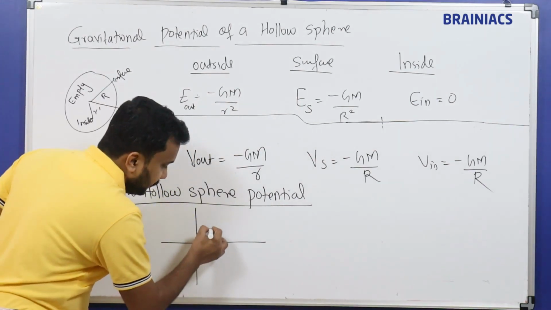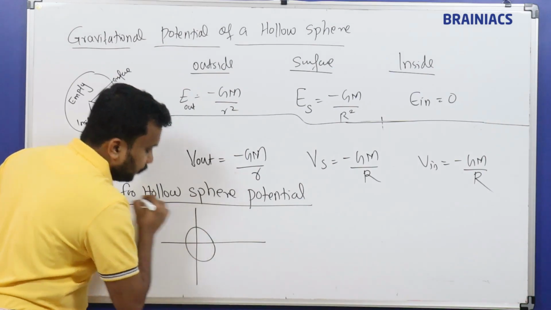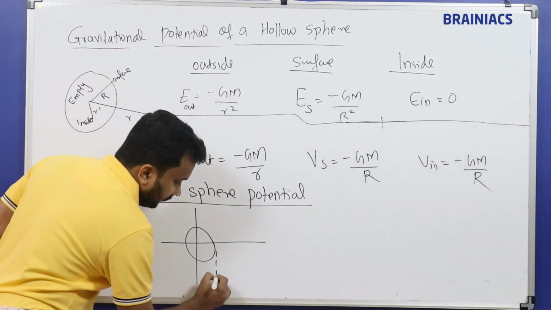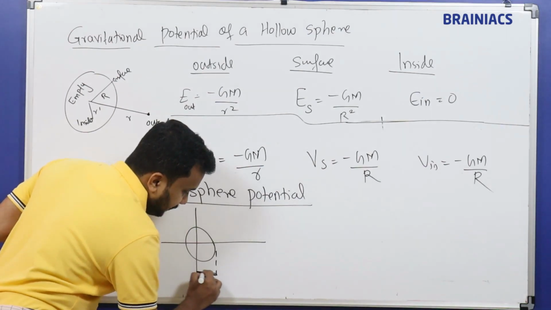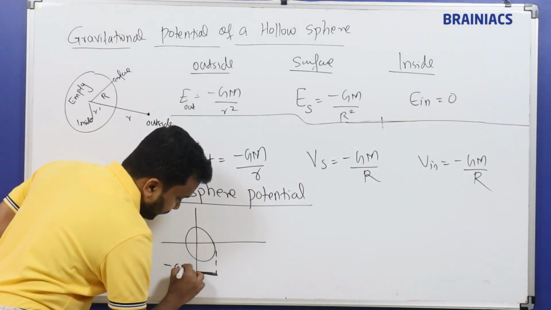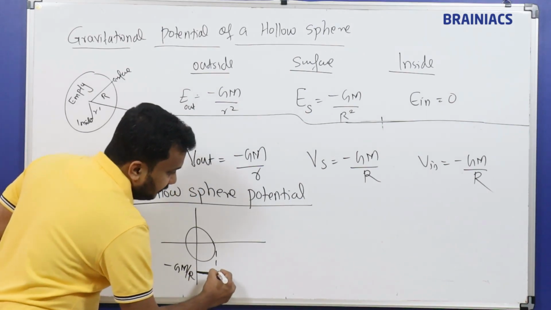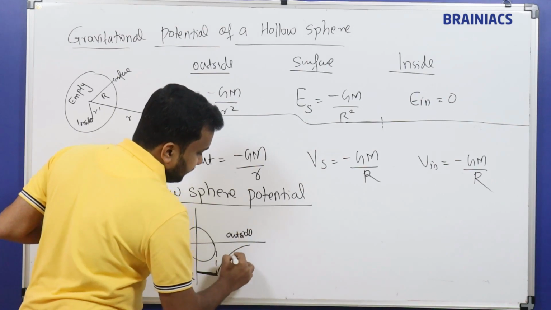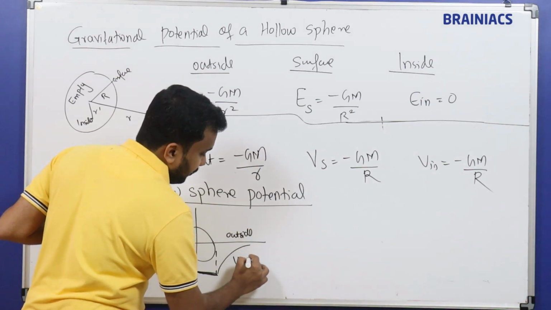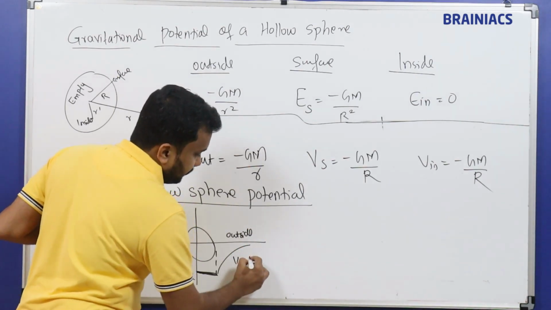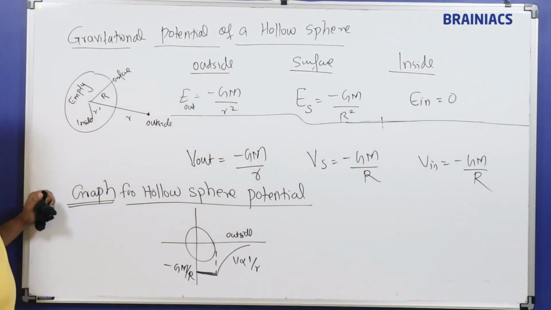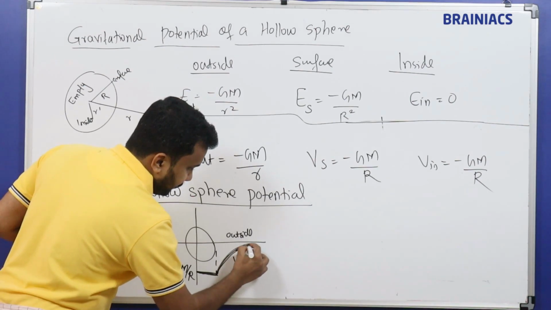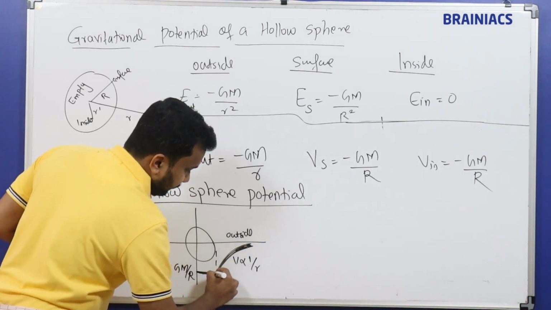If you consider a sphere like this, from inside to the surface it is constant, minus GM by capital R, and then it is decreasing. This is an outside point, and V is proportional to 1 by r. So this is the graph for the gravitational potential.